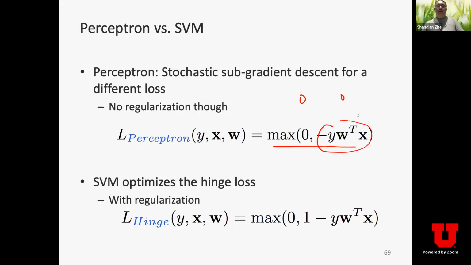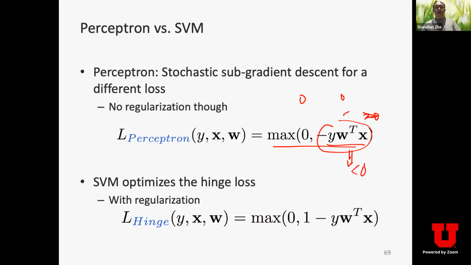Yeah, this guy is bigger than 0, that means this guy will be less than 0. Oh, sorry, I made the wrong direction. So when is this max function 0?